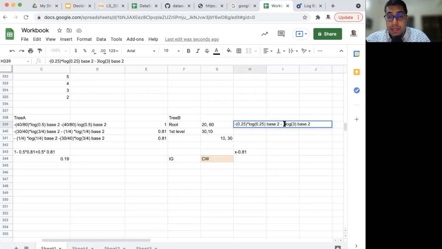And then 80 divided by 20, that's 4 log. And now it should be right.